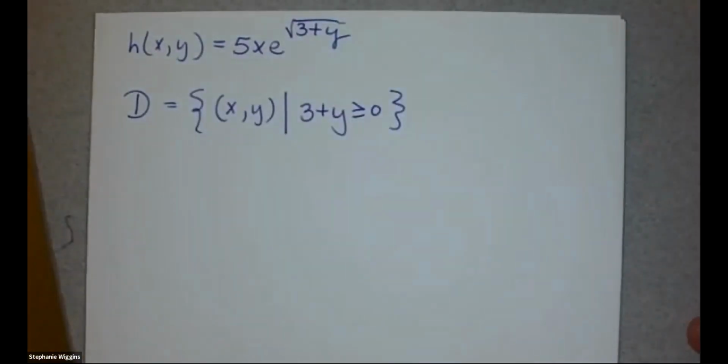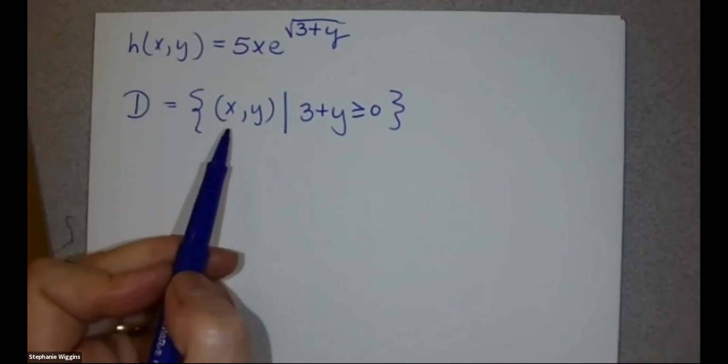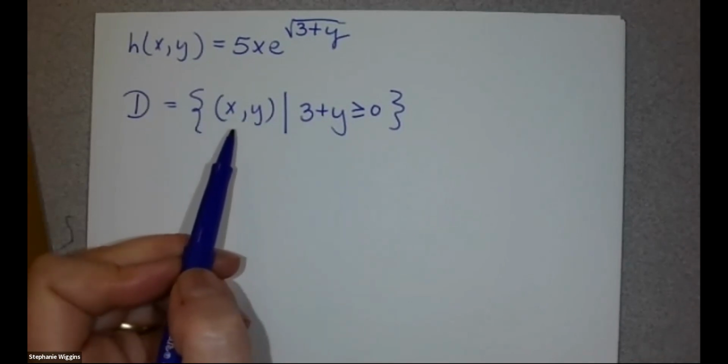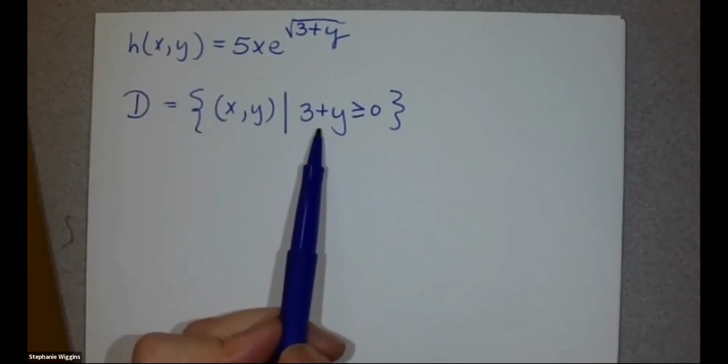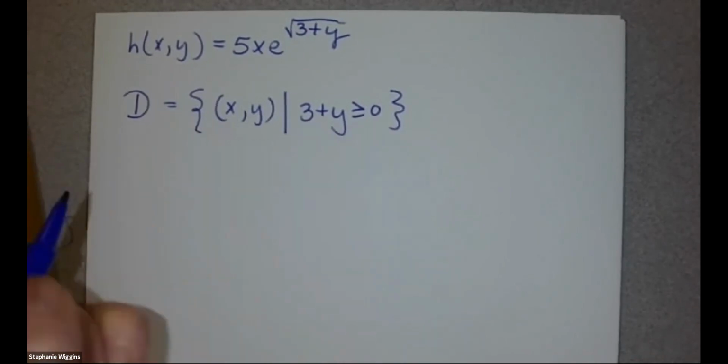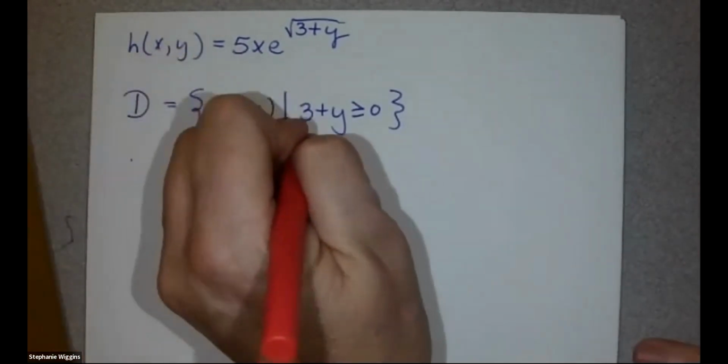This is set builder notation. We cannot use interval notation because interval notation is only for a number line, right? And that's one variable. Now we have two variables, so we're forced to use set builder notation, but this is how you would write it. And you would generally want to solve for y in this context. So I would subtract 3 from both sides of the inequality.